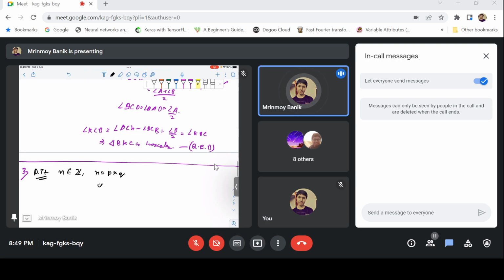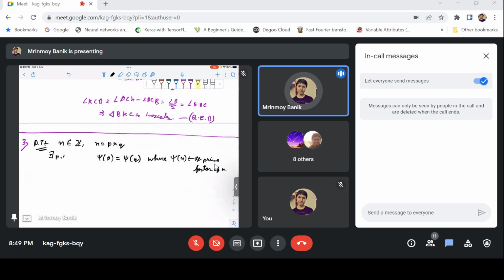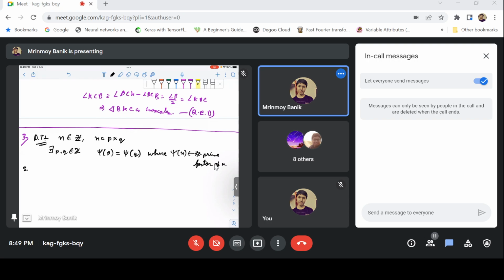Let psi n be the number of prime factors of n. Prove that there exist p, q in Z such that n equals p times q and psi p equals psi q. So how to do this one?